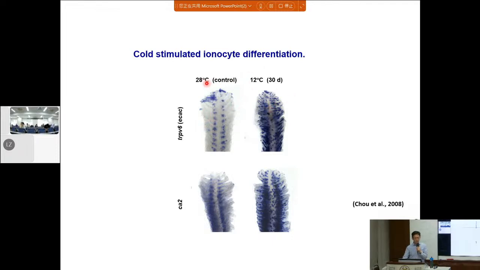If we put the fish into the cold environment, here you can see the ECAC cell, the sodium pump-rich cell, basically expressed in the filament in the gill, but proliferating even in the lamina cell. That means they increase the expression and the cell localization of sodium pump-rich cells.